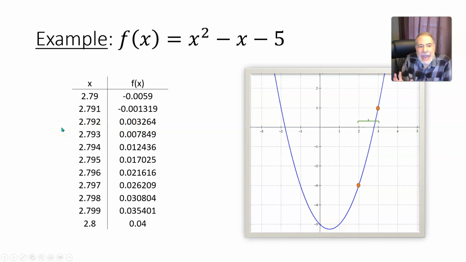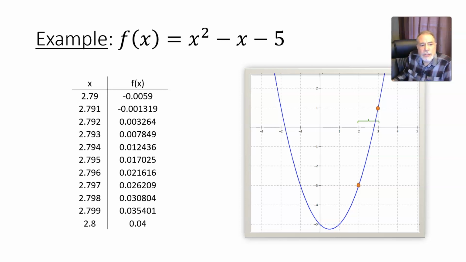So the exact x where f of x hits 0 exactly must be somewhere in between 2.791 and 2.792. That is, it must be 2.791 something. And by doing more calculations, we could get more decimal places.